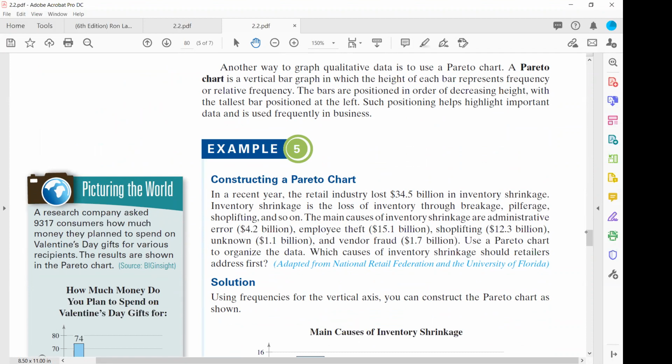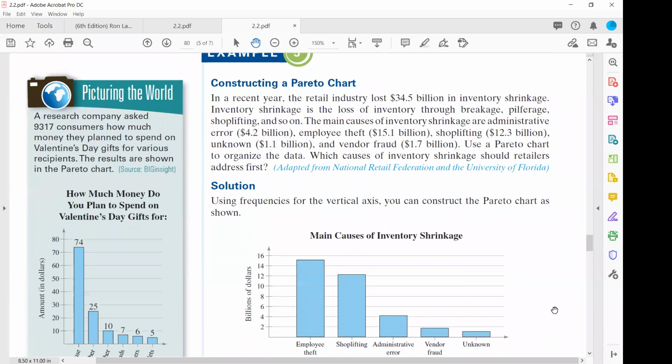Now, if we use bar chart and graph bar chart from the largest bar to smallest bar, you're forming Pareto chart. So this is one example of this type of chart. Some bars, which is arranged, which is ordered from largest to smallest.